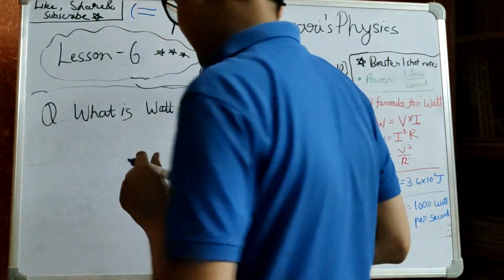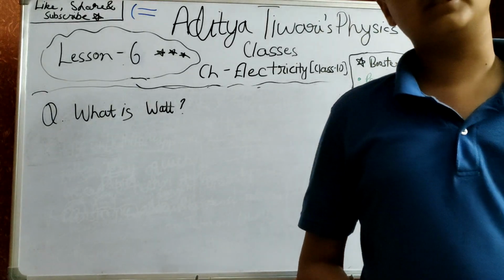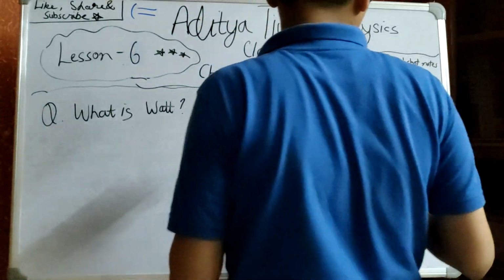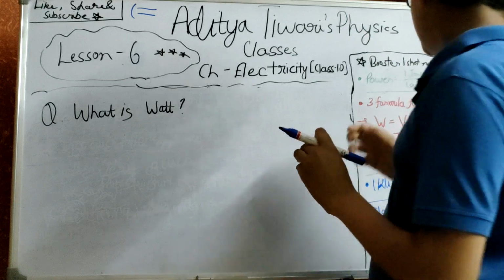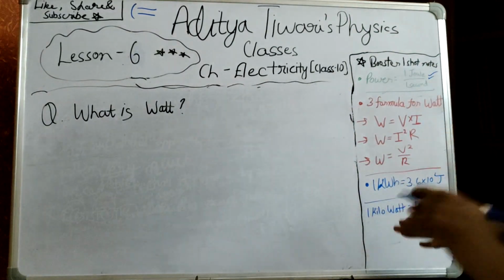There are two ways of expression, one is definition and another one is formula based. First I will tell you the definition, and the definition is also right by the formula. Its formula is 1 joule by 1 second, as I've given in the booster one shot notes.